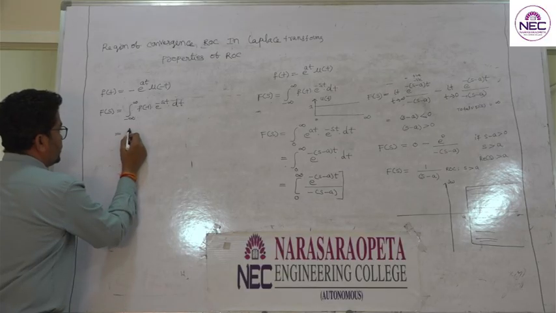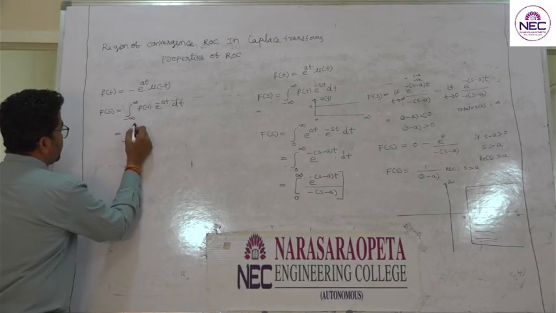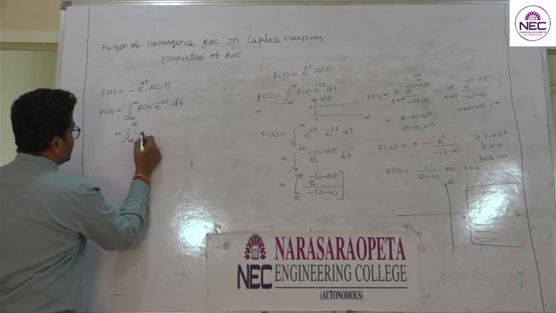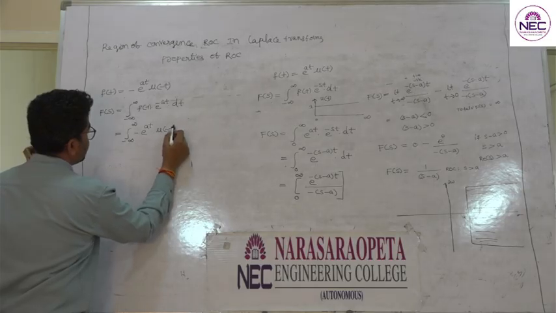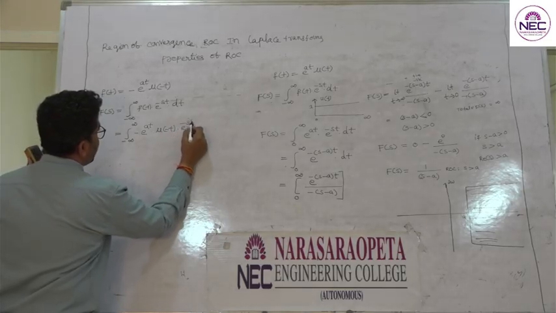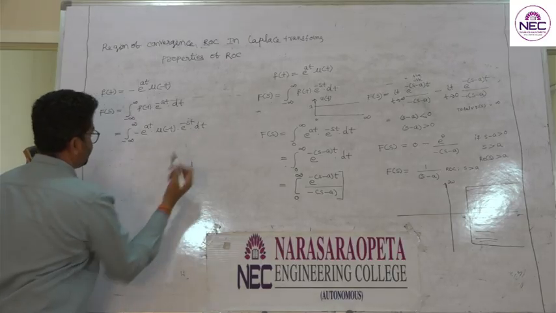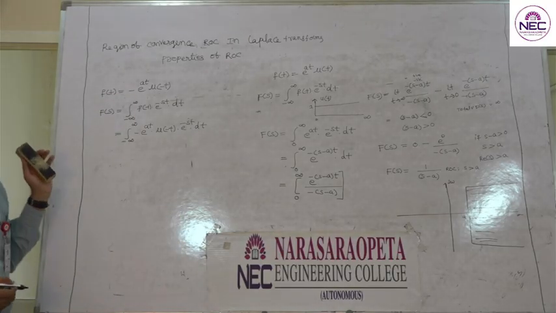Okay, integral from minus infinity to infinity of minus e power a t into u of minus t into e power minus st dt.